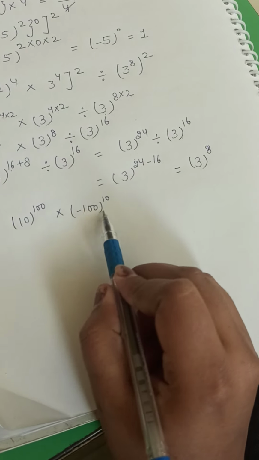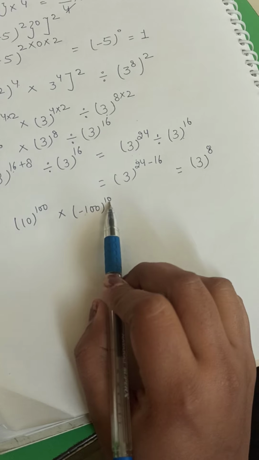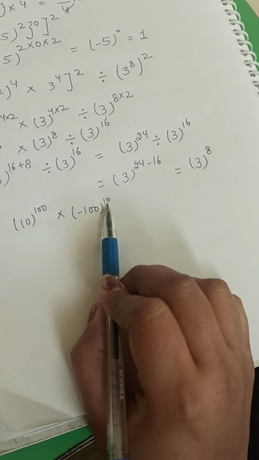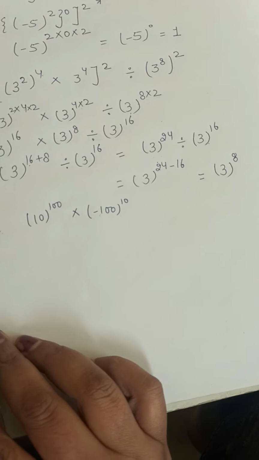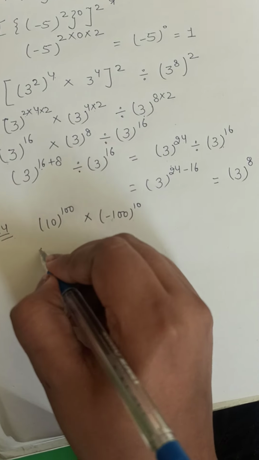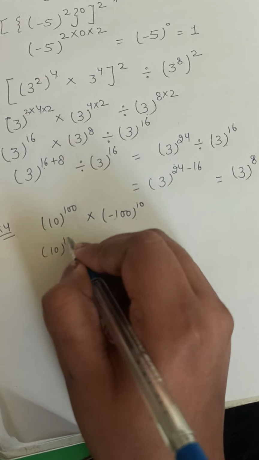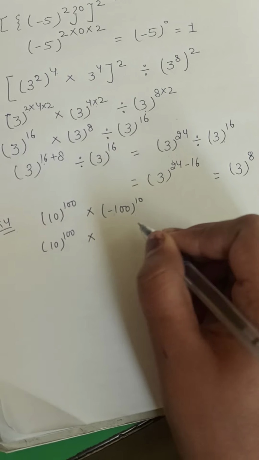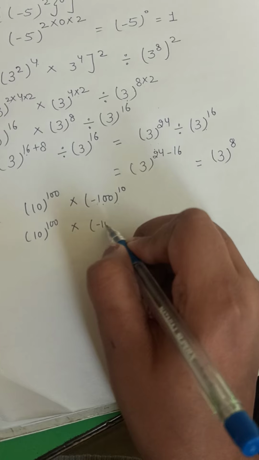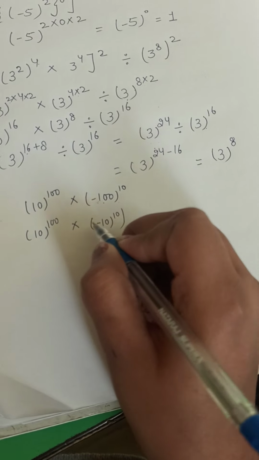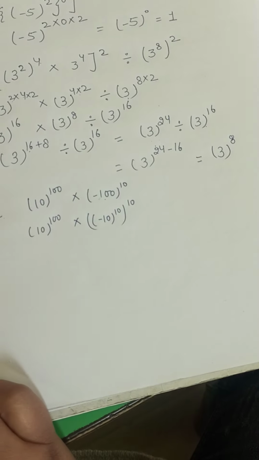So first of all, see, this is an even power with a subtraction sign. When the power is even, the subtraction sign will reduce. So this is 10 to the power 100 multiplied by minus 10 to the power 10, the whole power 10.